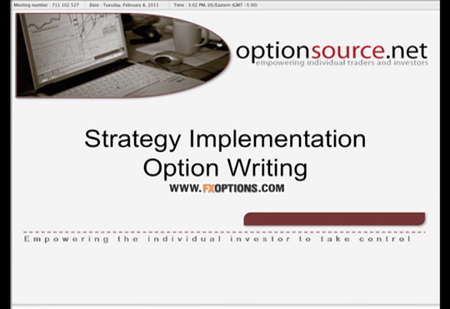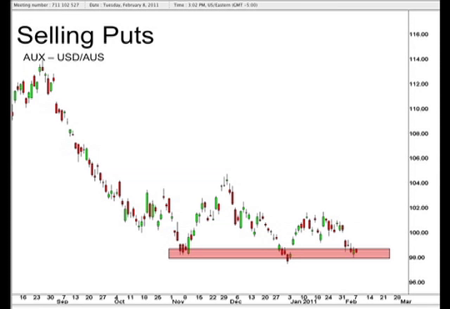But the idea is that as a general rule of thumb, I'm looking to be a buyer at the money, and I'm looking to be a seller out of the money. And it really has to do, as I mentioned, with that idea of probabilities of expiration. So when we're talking about selling put options, for example, one very phenomenal strategy for income generating is writing put options.